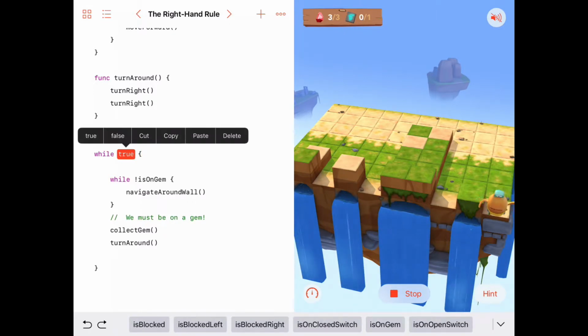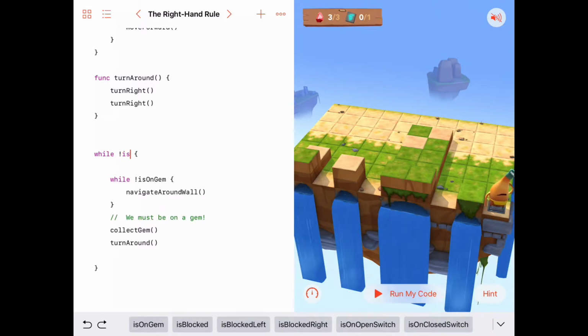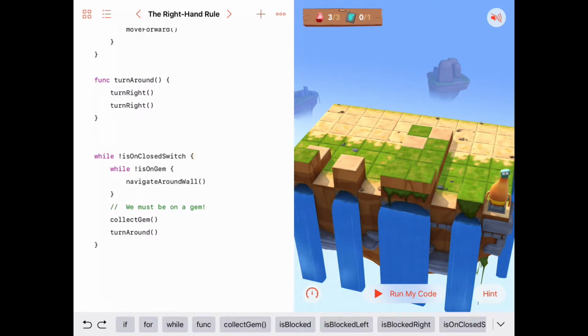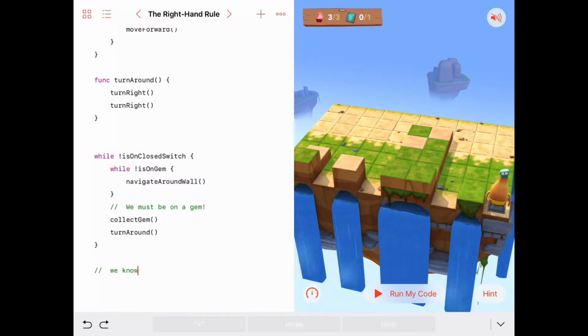So we can say while not is on a closed switch. While we're not on a closed switch, keep doing this, walking around walls and collecting gems. Okay? But as soon as we are on a closed switch, again, we know a condition that must be true after this is we know we must be on a closed switch.